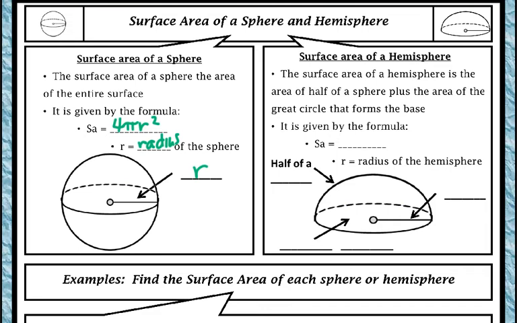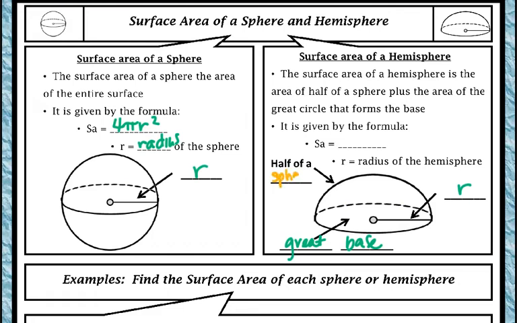A hemisphere, though, does have a lateral area because now it does have a base. It has the great circle as its base, and it still has a radius. The area of the dome on the hemisphere is just half of a sphere.